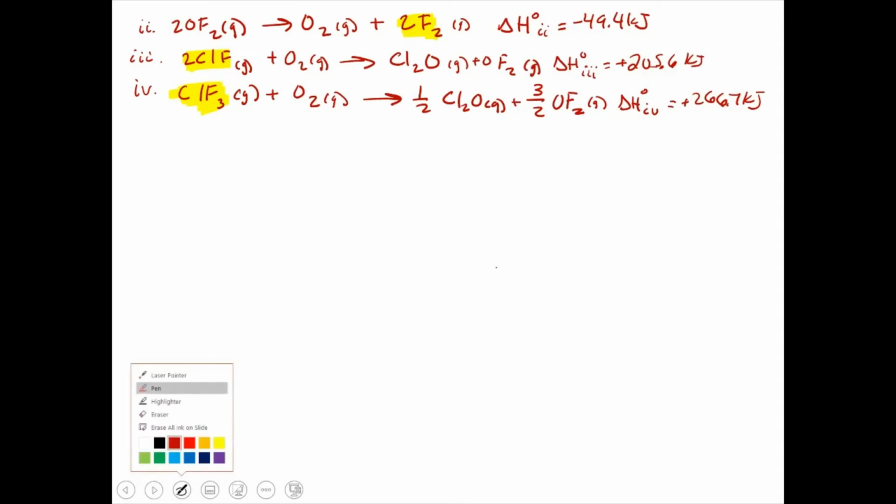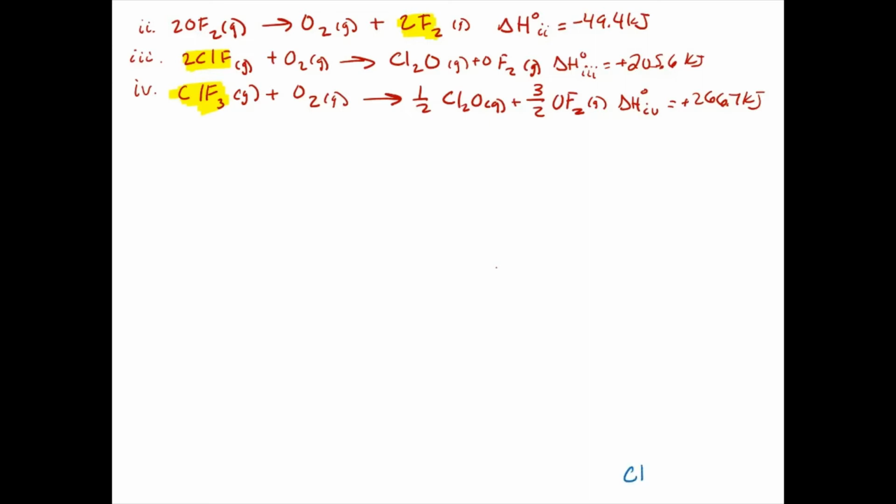I'm going to go back to my pen. And let's go back and look at our reaction. So reaction 2, and actually really quick, I'm going to write my overall reaction kind of on the bottom so I remember what I'm looking for also. Okay, so in mini reaction 2, on the top, I've got my fluorine that I need, but it's on the product side, and I need it on the reactant side.